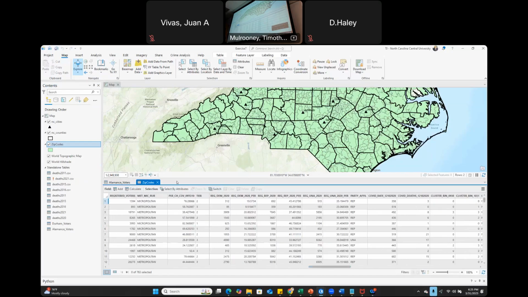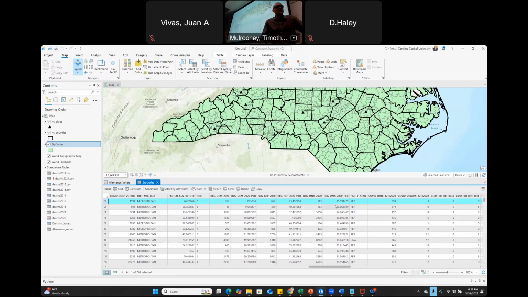So in this zip code right here, it was 19% Democrat, 43% Republican, 35% unaffiliated, and then I ran a little algorithm to show which one was the majority: unaffiliated, Republican, or Democrat. So I can run a little map that shows which one had the most from that original data we were looking at.